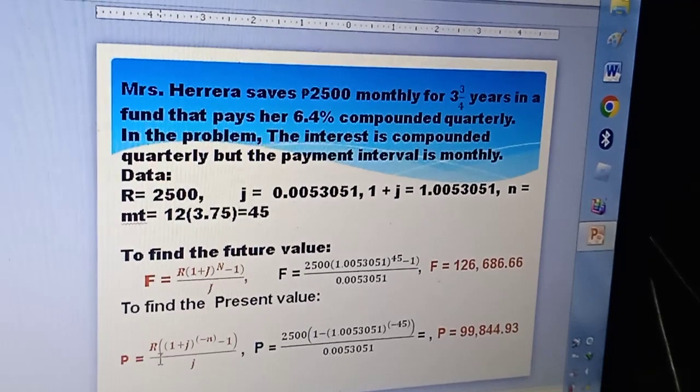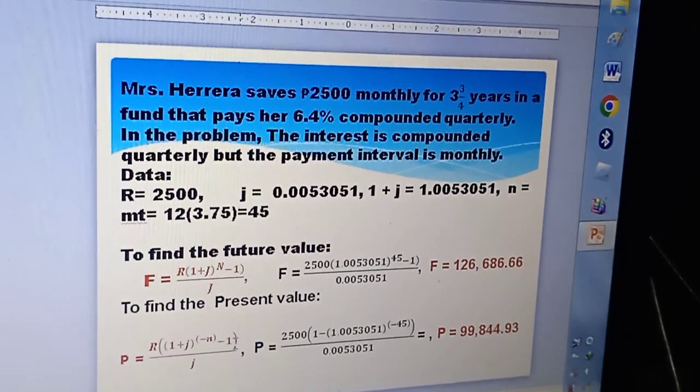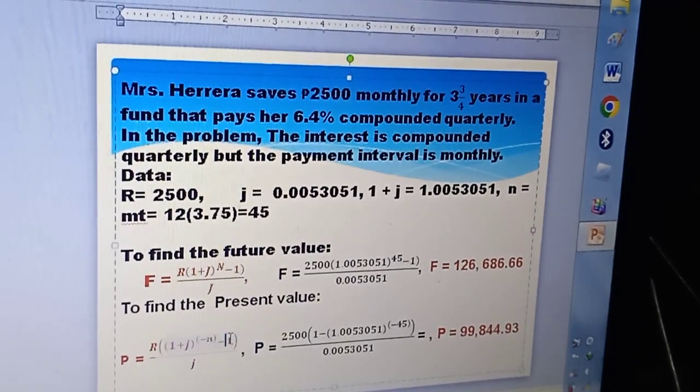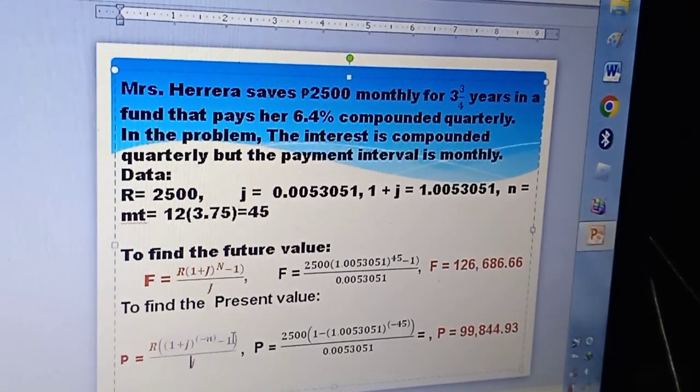Okay, and we can also find the present value of the general annuity using the formula for the present value. Oh, this is not the formula, so we'll change this one.